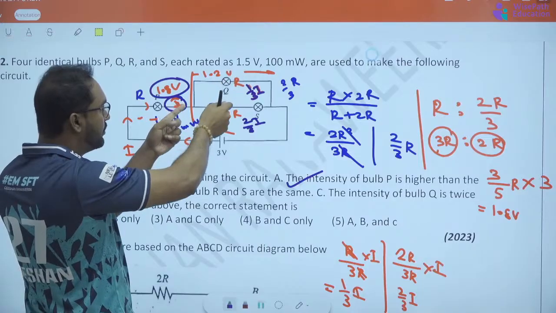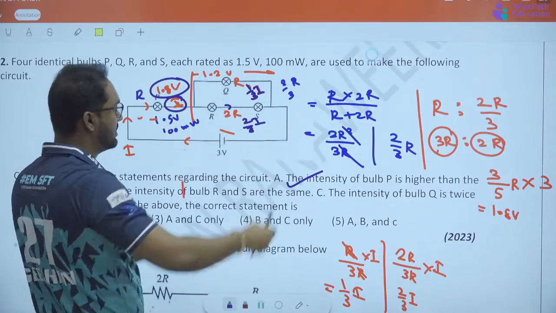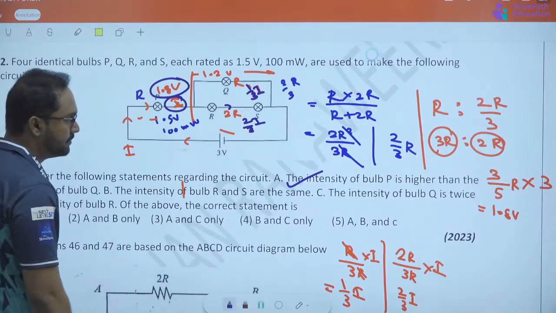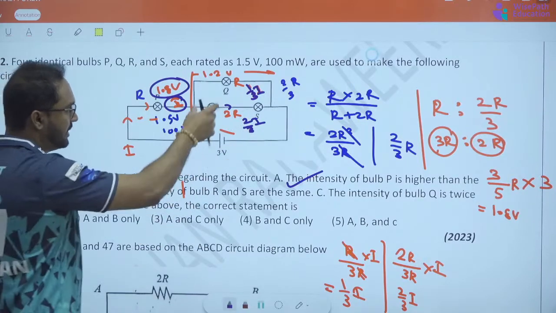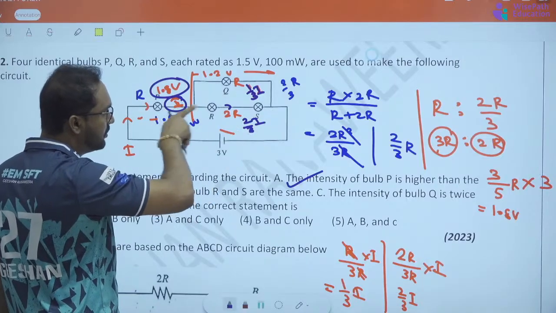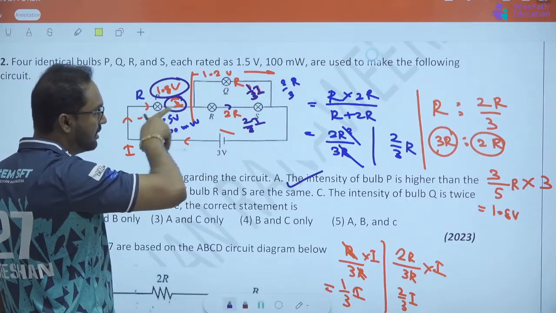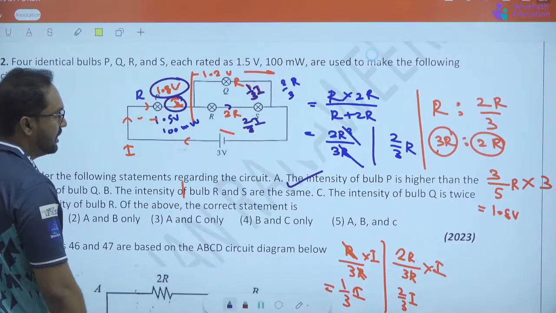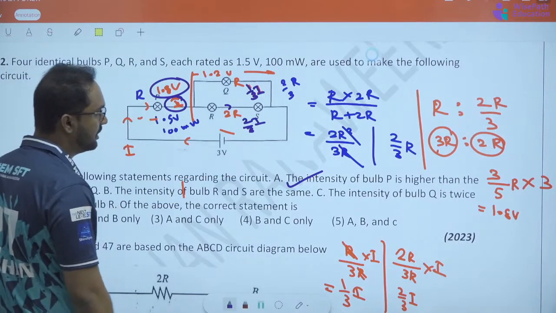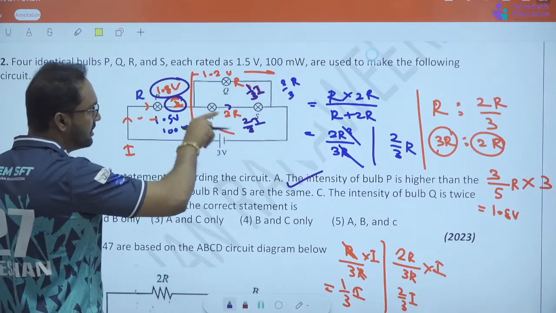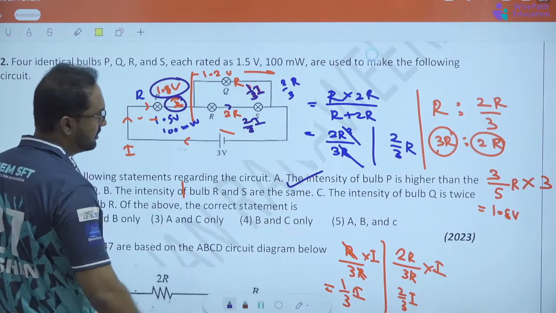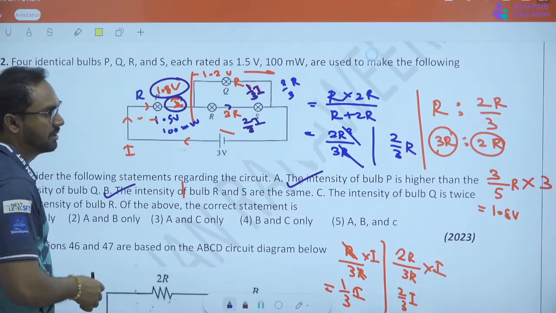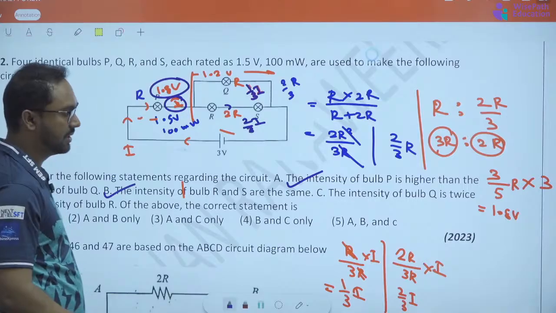So 1.2 volts will equally divide into R and S, and the same current moves through the two resistors, 2/3 of I. Same voltage, same current, same VI. So statement B is also correct.